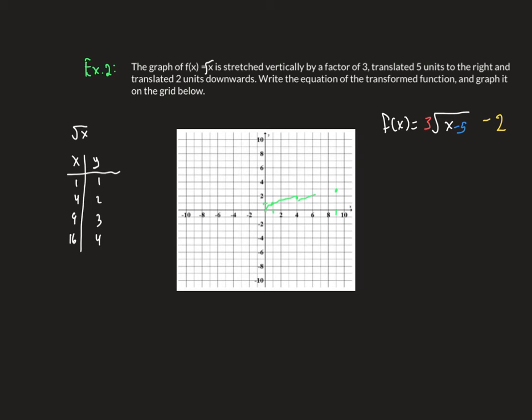And as I showed you guys in the parent function video, this is how the original one should look like. Now I know that it's vertically stretched by 3, and it goes to the right by 5, and it goes down by 2. So let's see what this new table would look like.